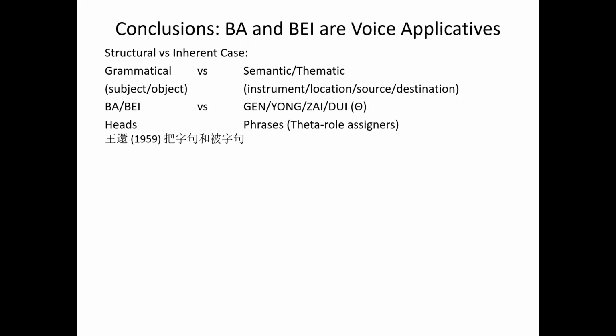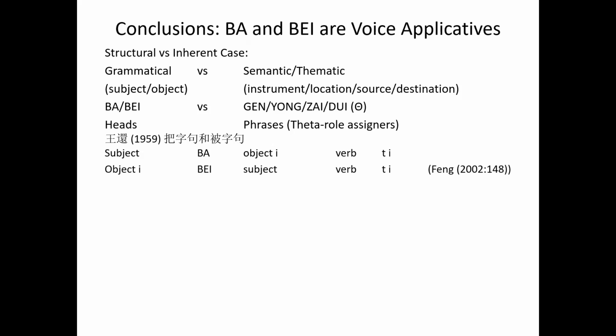A famous work by Wang Huan called the 把字句 and 被字句 summarizes the research background on Ba and Bei, as they are often analyzed together because they seem to be quite similar. There are some constructional schemata posed by Feng Shengli, where we get this type of structure: subject, bar, object, verb, and then trace.